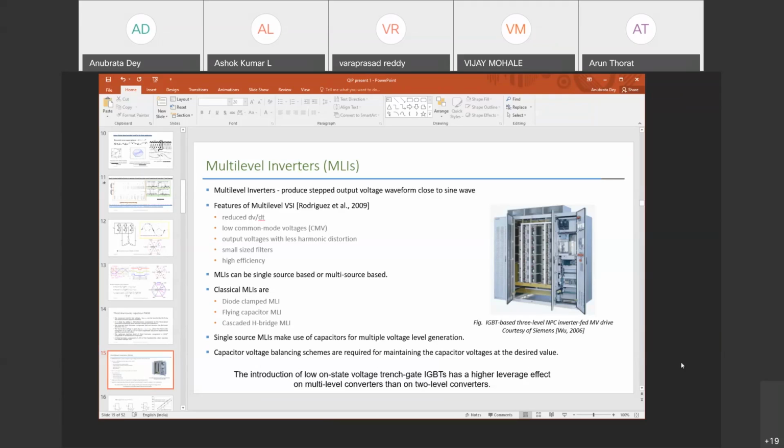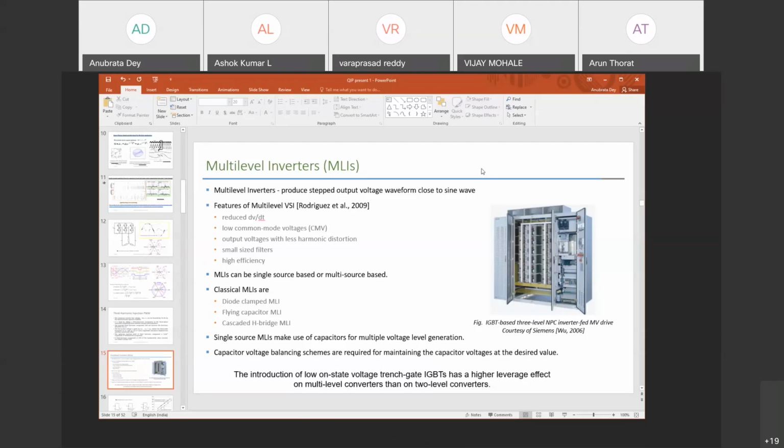These multi-level inverters are mostly used for medium voltage drives, not for low voltage drives, because in low voltage you have many switches available to block the required voltage. But if you increase the magnitude of the voltage, an available switch in the market may not be able to block that voltage, or at that particular DC link voltage it cannot operate.